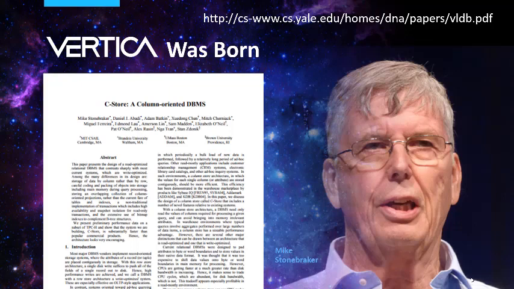In 2005, he went on to be one of the founders of Vertica, a massively parallel processing column store analytical database designed from the first line of code for the world we live in today.